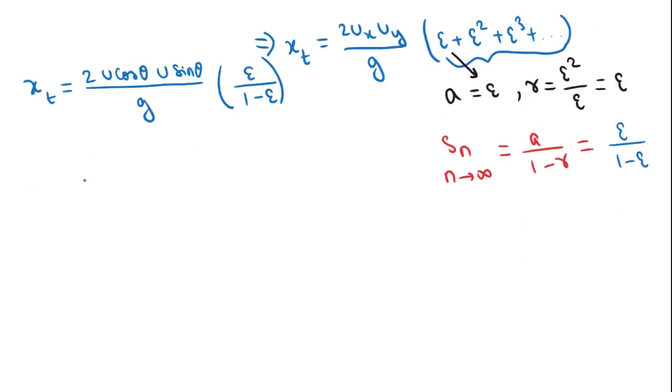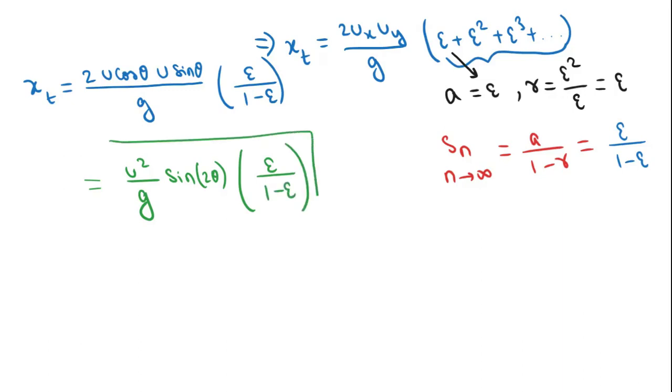So this is equal to u squared by g, and we have 2 cos theta sin theta, which gives us sine of 2 theta, and then this is multiplied by e divided by 1 minus e. This is our final solution.